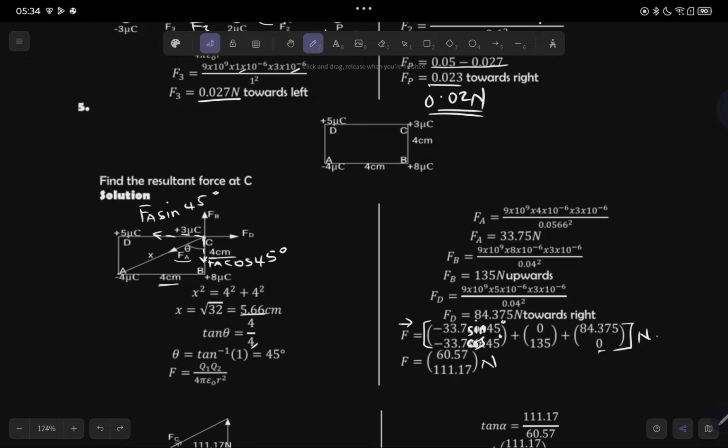So when you work that out, we get our components as 60.57 and 111.17. Always pay attention to the trigonometric ratios because sometimes you can make mistakes. Here we are lucky that 45 degrees has the same sine as the cosine.